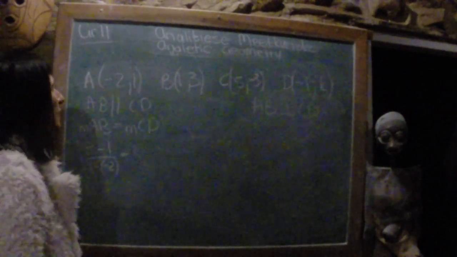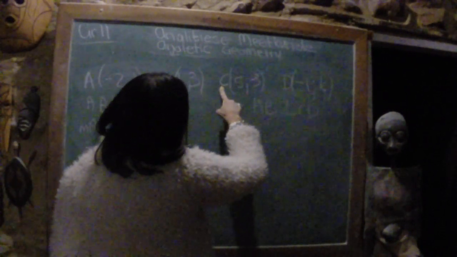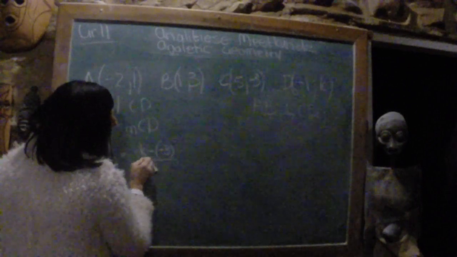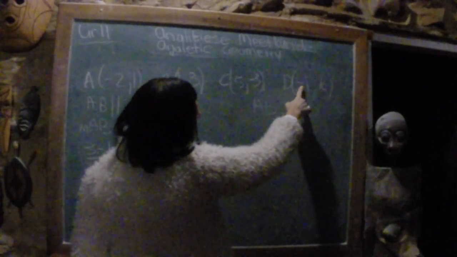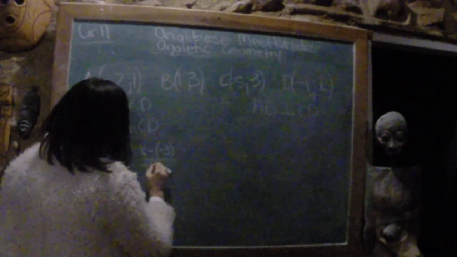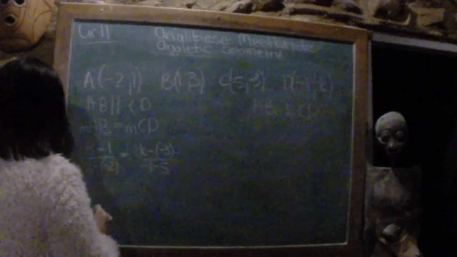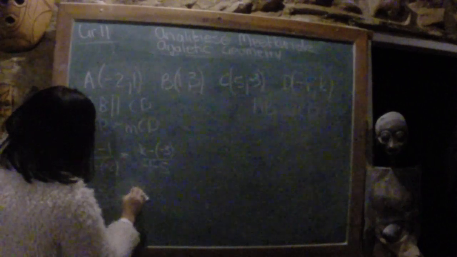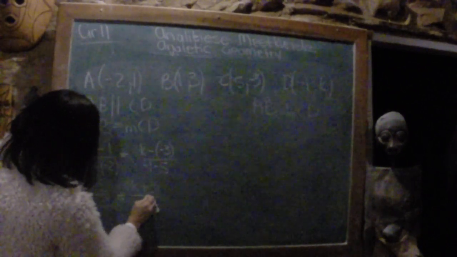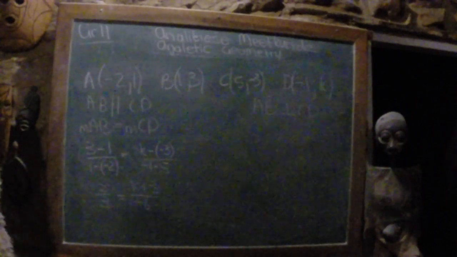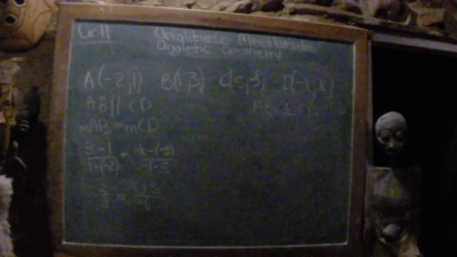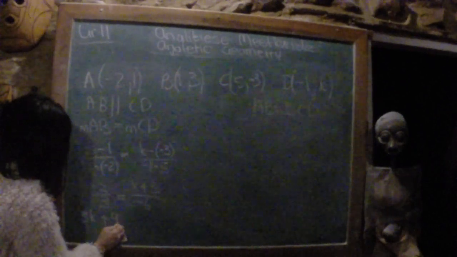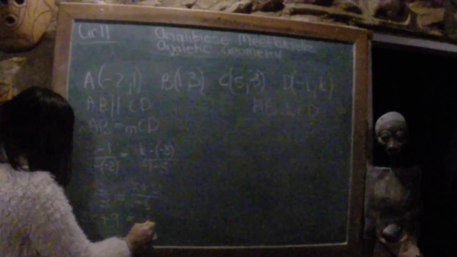It is going to be equal to the gradient of CD. So let's begin. CD: K minus minus 3 over XD minus XC. So this is then 2 over 3 equal to K plus 3 over minus 6. So now I can cross multiply to work out K. So I have 3K plus 9 which is equal to minus 12.